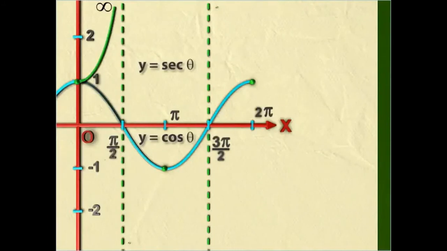Now, as the value of theta increases from pi by 2 to pi, the value of cosine theta decreases from 0 to -1, indicating that the function secant theta increases from negative infinity to -1 in the same interval.